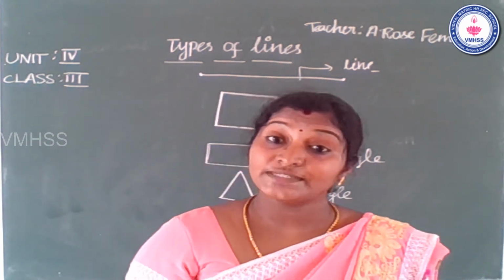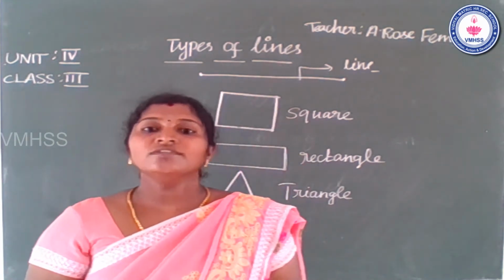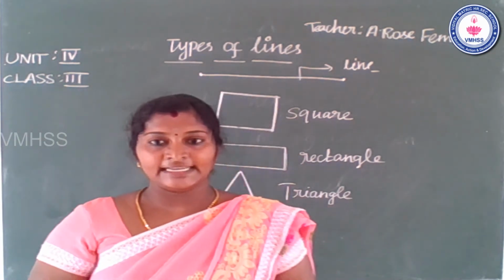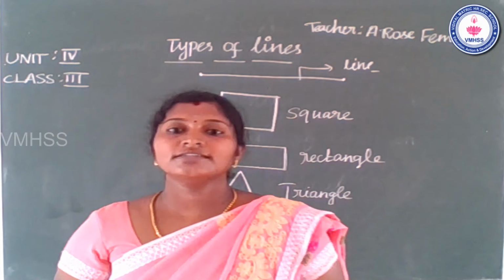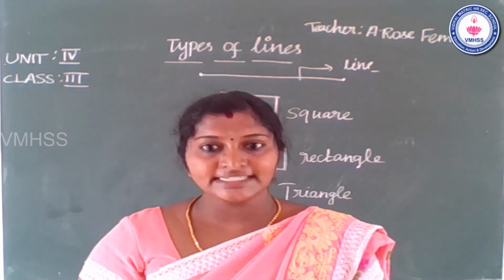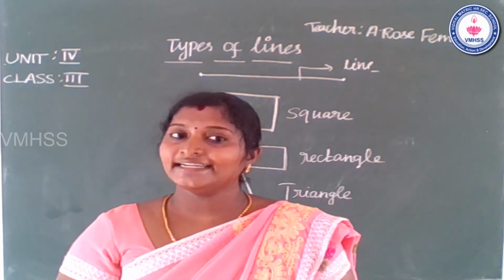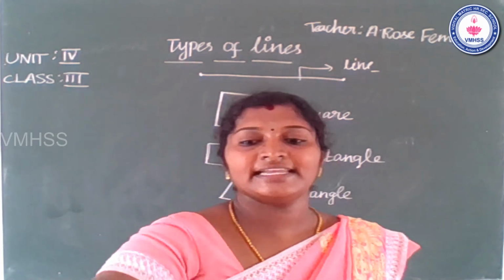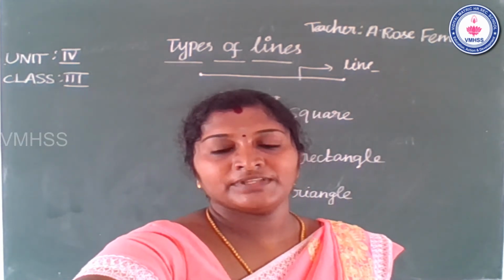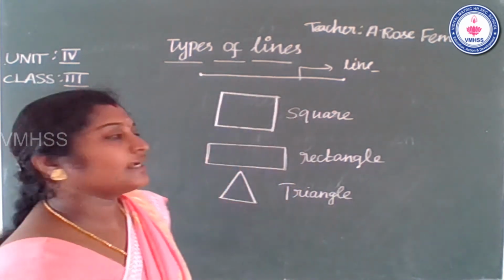Types of lines. The first is vertical lines, then horizontal lines, and diagonal lines. See the first one.